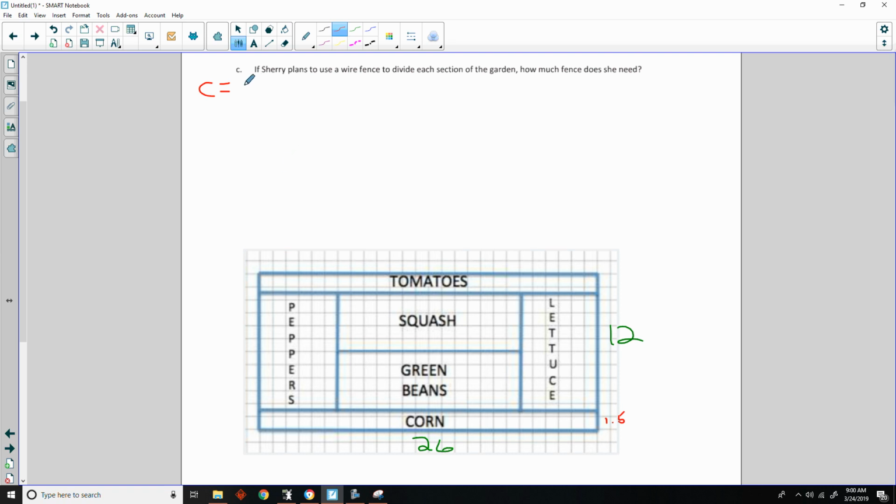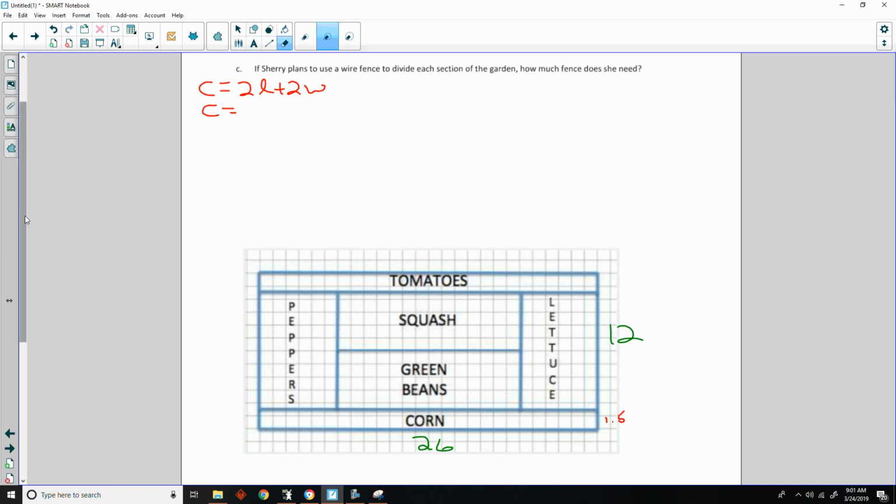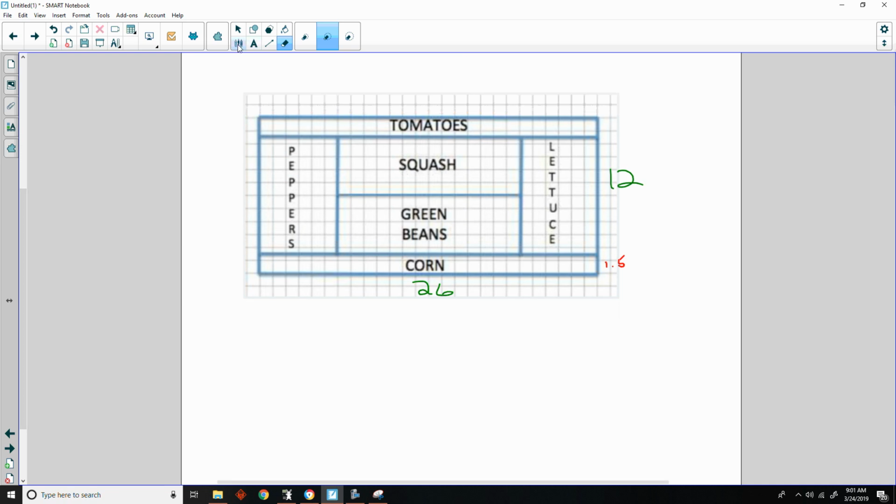So remember, perimeter is 2L plus 2W. So therefore the cornfield is going to be 2 times the length plus 2 times the... Oh, before I do that, we have to scale it. I have not scaled all these portions. So let's wait, and let's continue counting our values for all the sections.